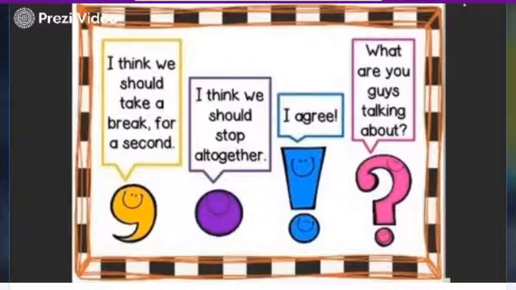The comma needs a break. It's a pause. The period says, I think we should stop altogether. That means that you have to make a full stop. I agree. That's making an emotion. And finally, what are you guys talking about? A question. This comic gives you the idea about when to use each one.